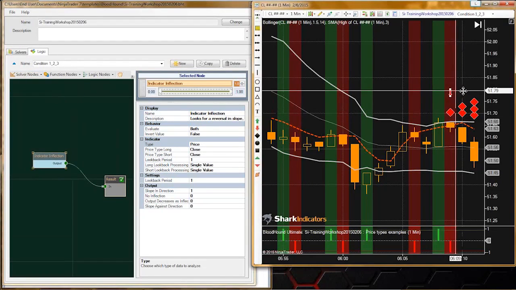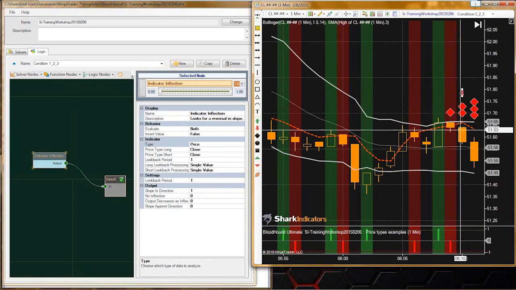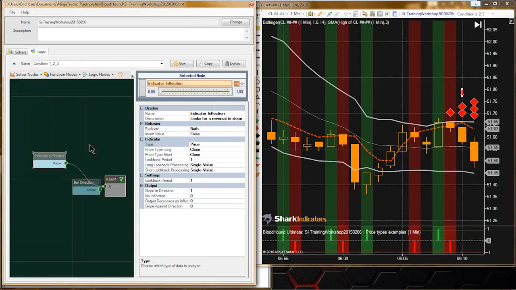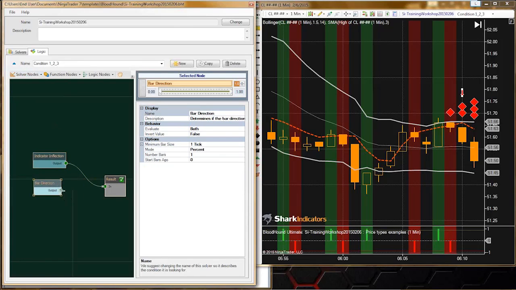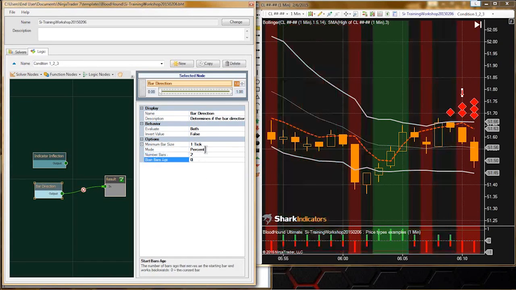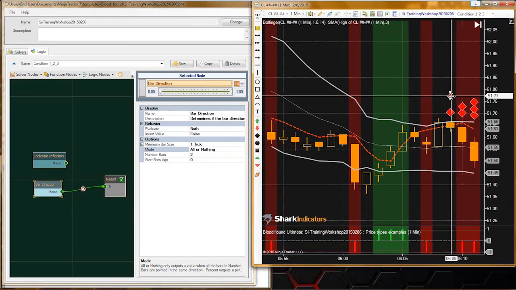So let me move my arrow. So there, our second condition is, right, we need a down bar. So I'll just use the bar direction for that. Alright, so I set the bar direction solver up, right, so that there's no signal there.